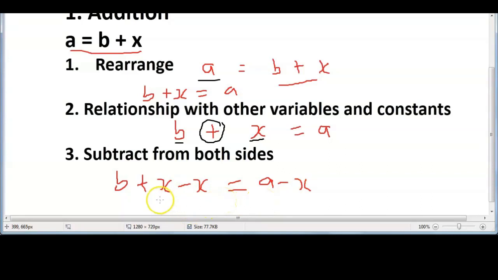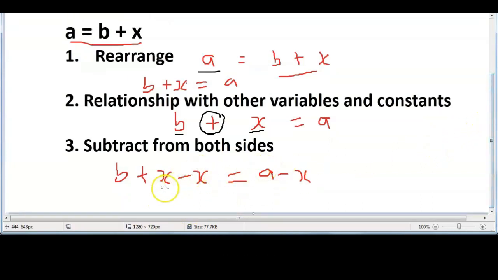From the left side, X minus X is 0, so this and this cancel out.